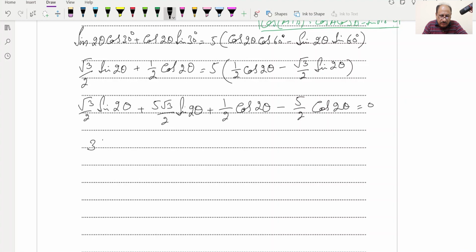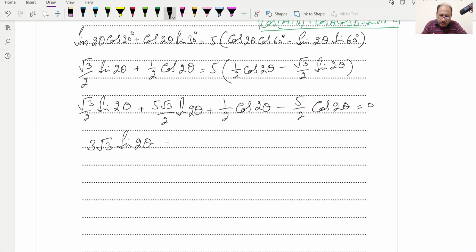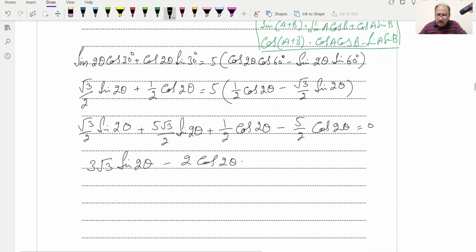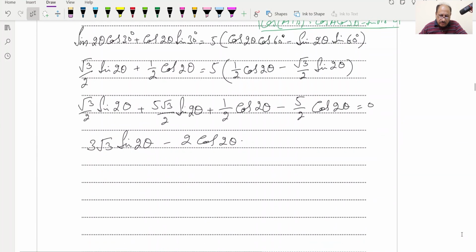So we can write 3 under root 3 sine of 2 theta, and plus we can write 1 over 2 minus 5 over 2, and this will be equal to minus 2, so this will be minus 2 cos of 2 theta. Now we can divide everything by cos of 2 theta because we require this one. We can divide by cos theta to find the value of theta basically.